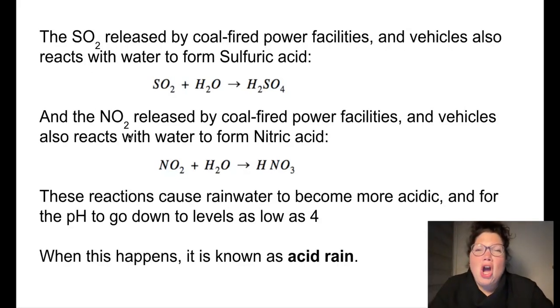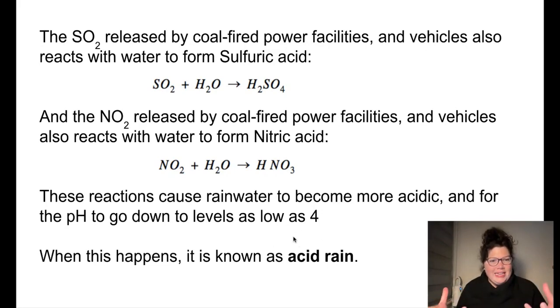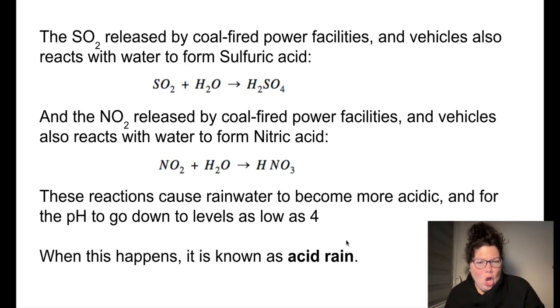Same with our nitrogen dioxide, released from any combustion, which is going to react with water to form nitric acid. Both of these, sulfuric acid and nitric acid, are strong acids that have pH levels as low as 4.